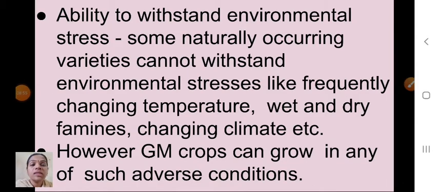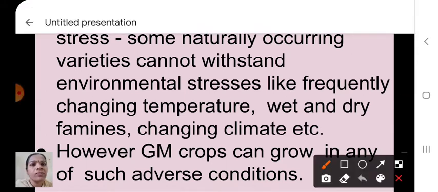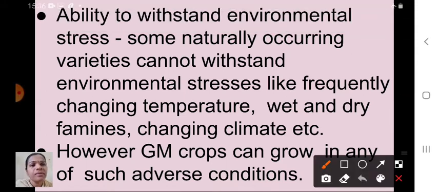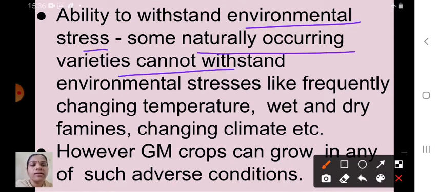Next, what are the uses of GM crops? See here, ability to withstand environmental stress. Some naturally occurring varieties cannot withstand environmental stresses like changing temperature, wet and dry conditions, famines, changing climate, etc. So these are what?